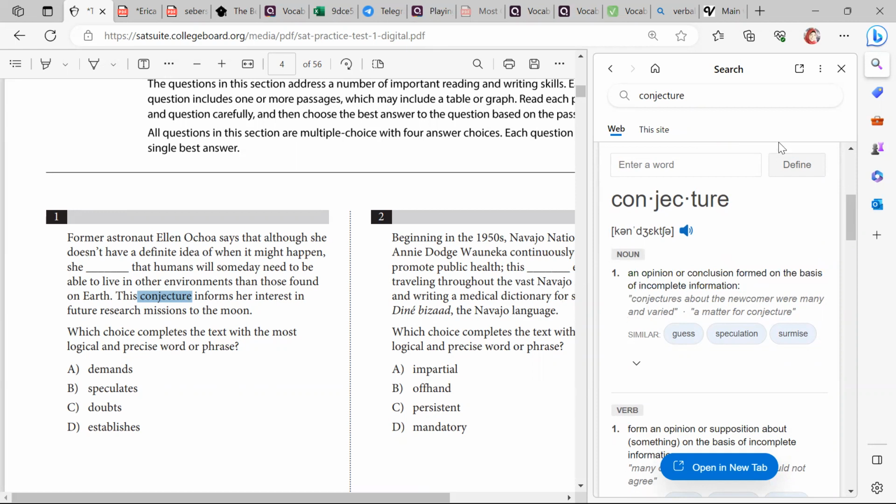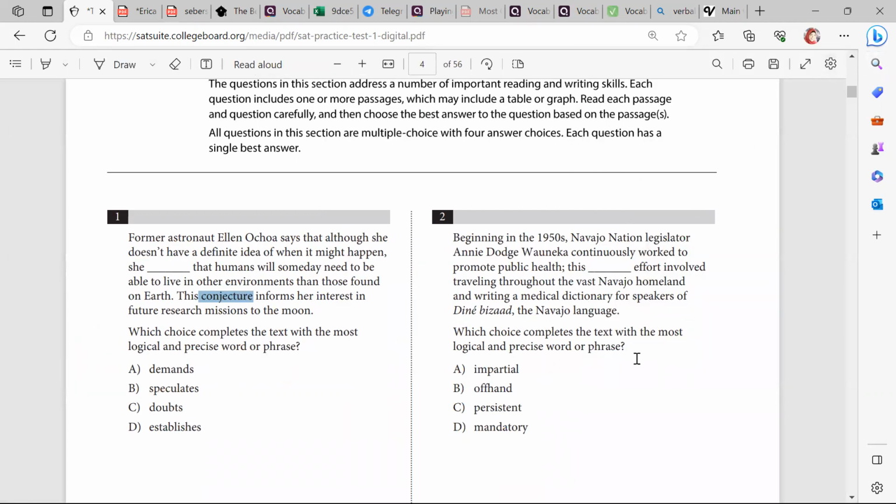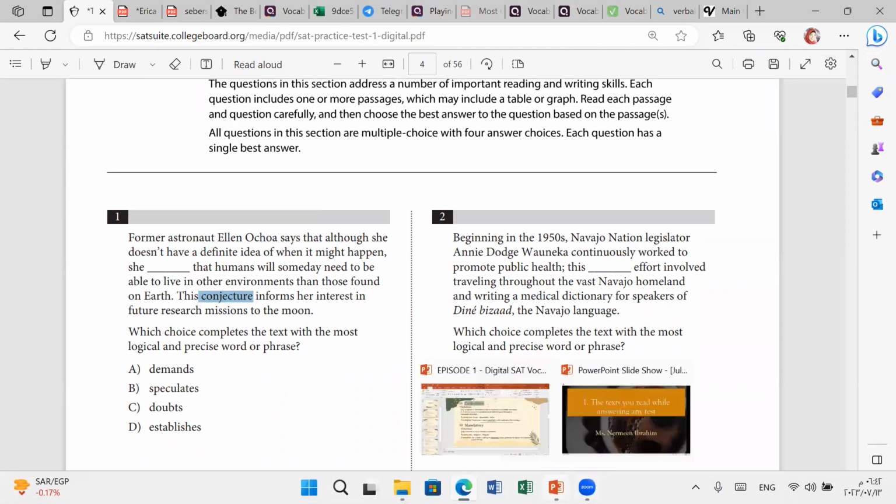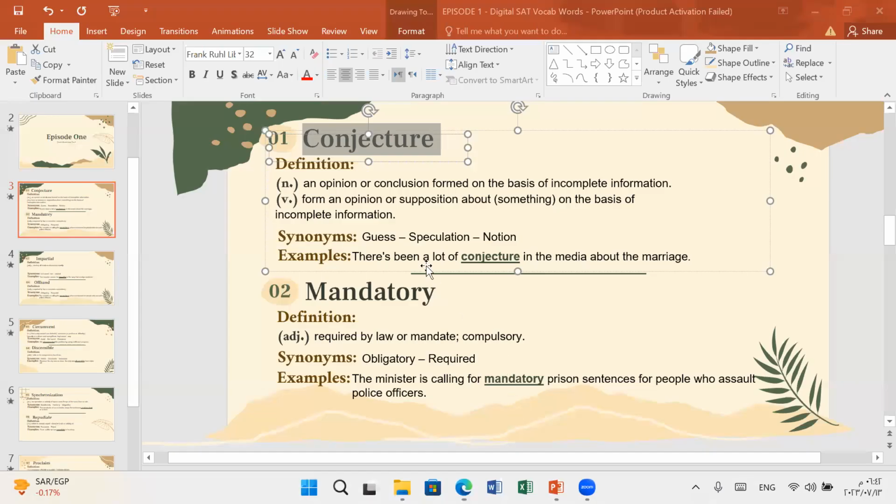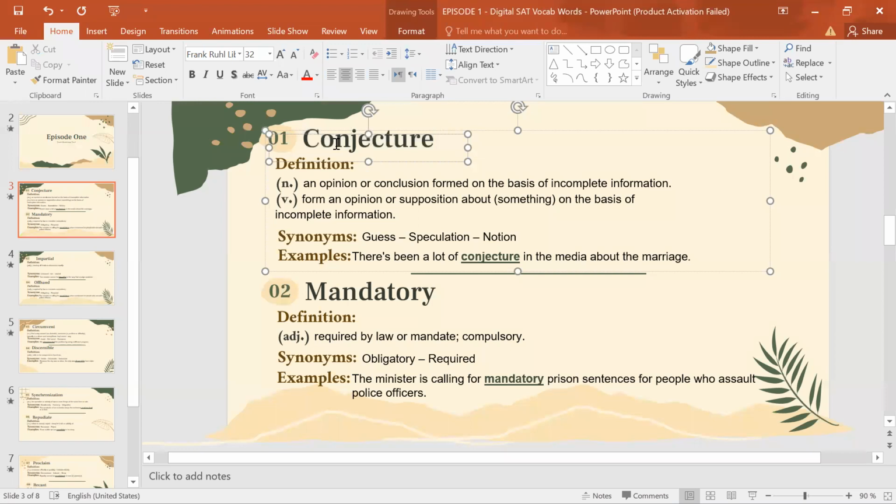But since I want to be able to show you my copybook, I'll be showing you a presentation. This presentation is made by one of my very brilliant students. She grouped all the words that she didn't know and put them into this presentation.